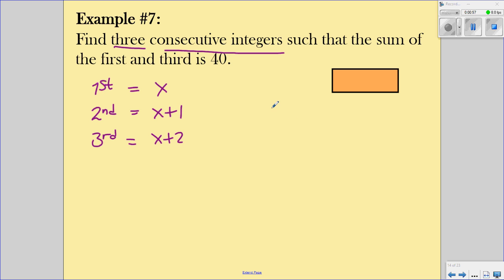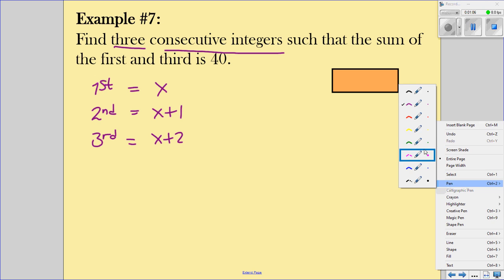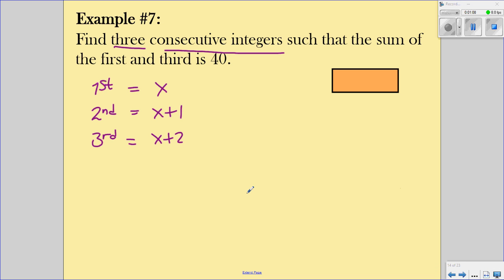And the sum, they say, such that the sum of the first and third is 40. I know you will be used to adding up all the integers and setting it equal to whatever number they give you, but you need to pay attention to what they're asking you. They said the sum of the first and the third is 40.